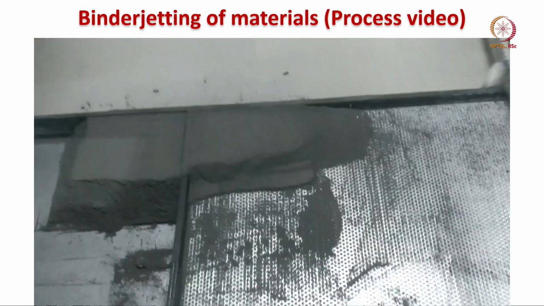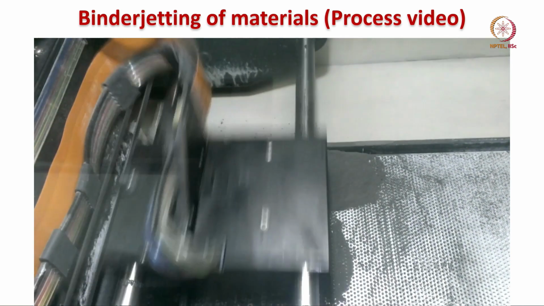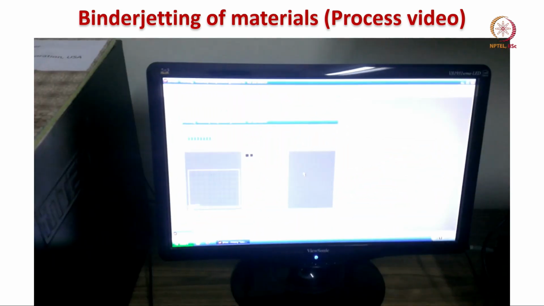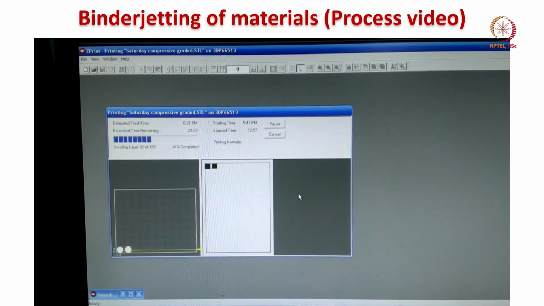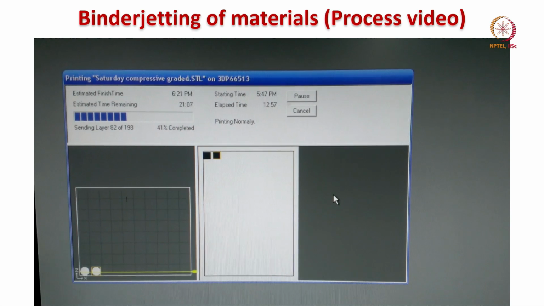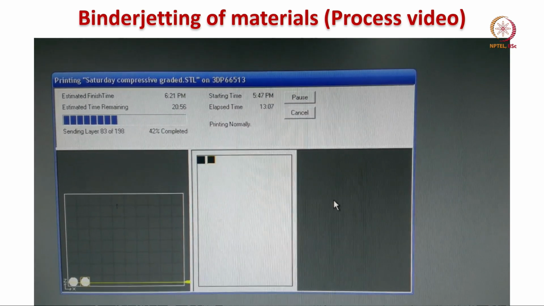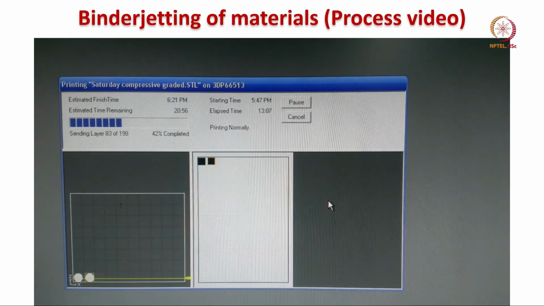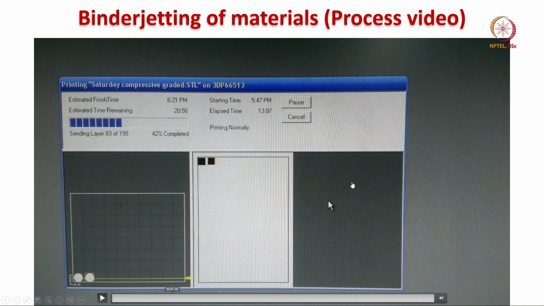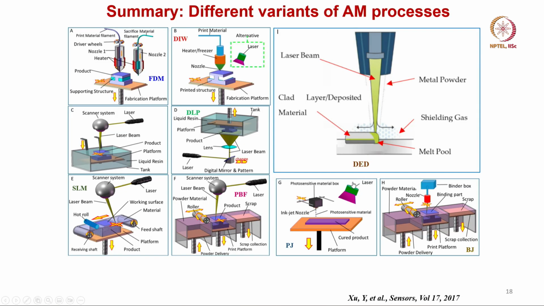One side is the build bed and one side is the feed bed, which you can easily recognize, and this is essentially a compressive graded stereolithography file which is being printed now, and this is tested later.